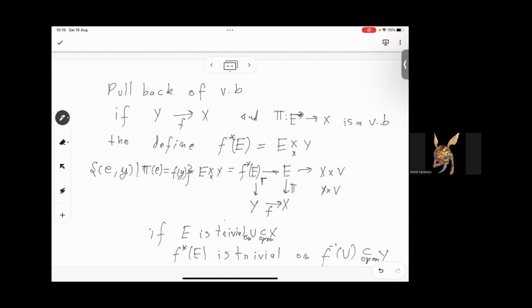And locally it was trivial, so open neighborhoods pull back to open neighborhoods just by continuity.